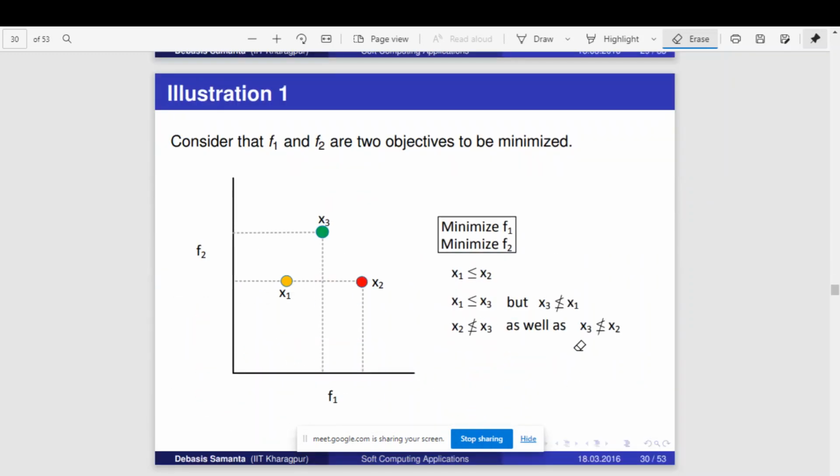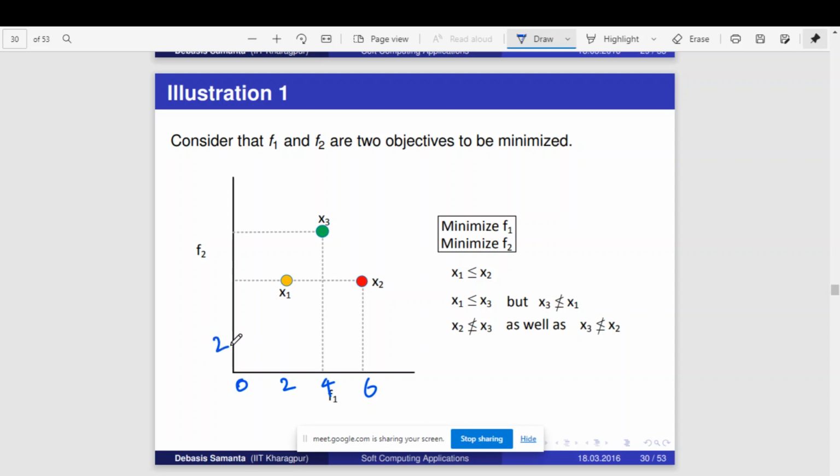Okay, so here is an example for domination. Say these are two functions, f1 and f2. Both f1 and f2 we want to minimize. Now you have to tell me which one can dominate others. Let us give some numbers for our convenience. Say this is 0, and this is 2, 4 and 6 on this axis.